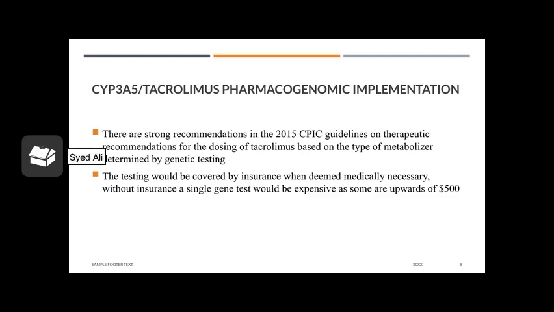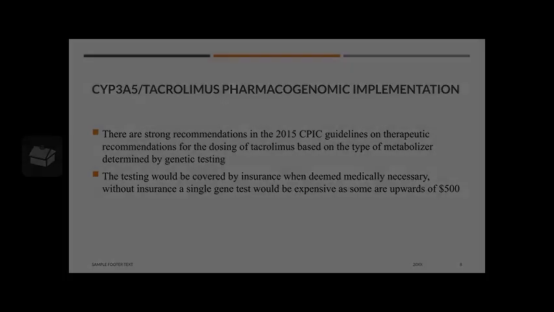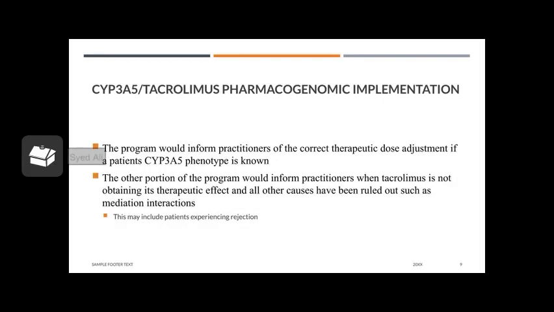Medicare is known to cover this type of genetic test, as well as Blue Cross Blue Shield after a prior authorization, which may take some time. The program would inform practitioners of the correct therapeutic dose adjustment if a patient's CYP3A5 phenotype is known.